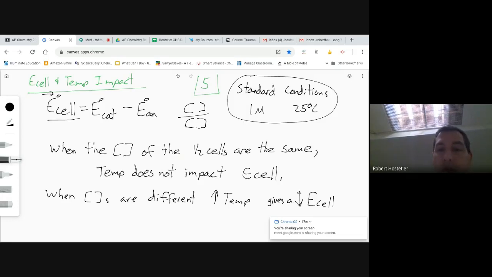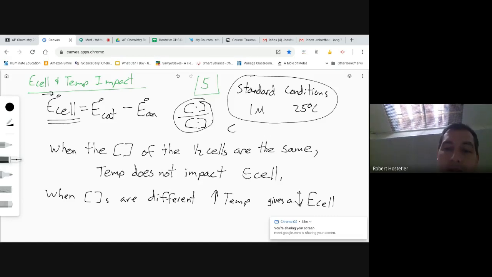Really, the thing you need to remember is that if both concentrations change by the same amount, in other words, this ratio stays the same, then the E for the cell is going to stay the same. The only time changing the concentrations will change E for the cell is if one changes differently than the other. And then just look at the overall equation.